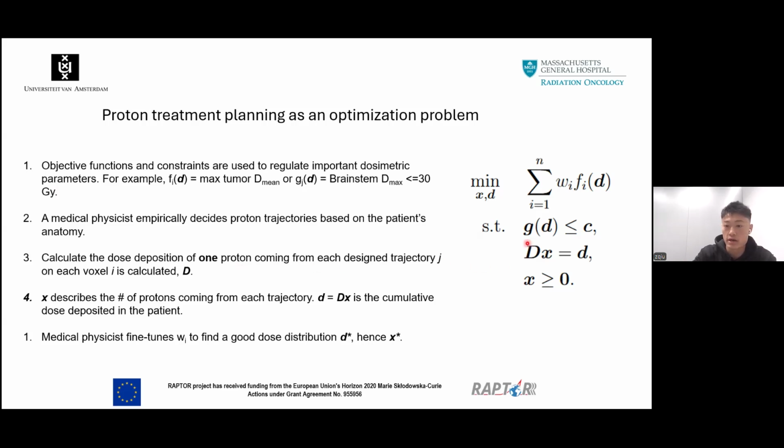We can calculate this D matrix physically using Monte Carlo simulation. Finally, once we have everything, a medical physicist will play with the weight parameters here until he or she finds a good dose distribution. So that's the nominal version.